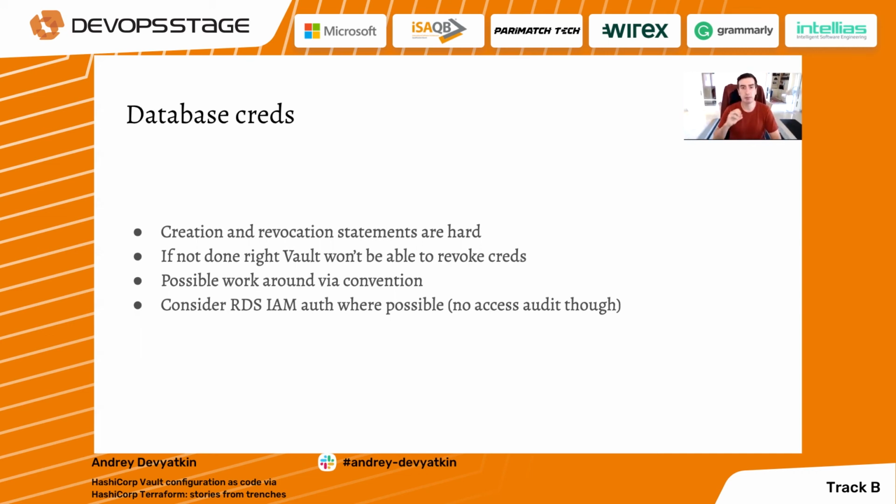Creation and revocation statements. You have to provide Terraform Vault with those because you're basically giving Vault the root password to your database, and then every time you ask for a temporary credential, Vault will log into your database, provision the new user using the creation and revocation statements that you provided, and return those credentials to you.